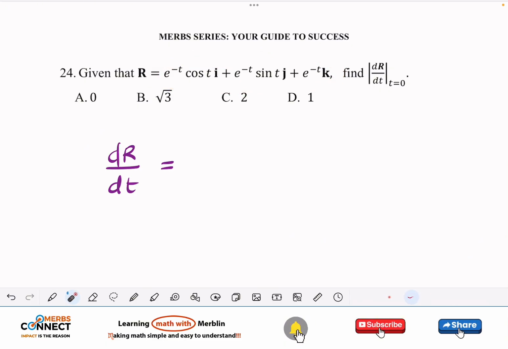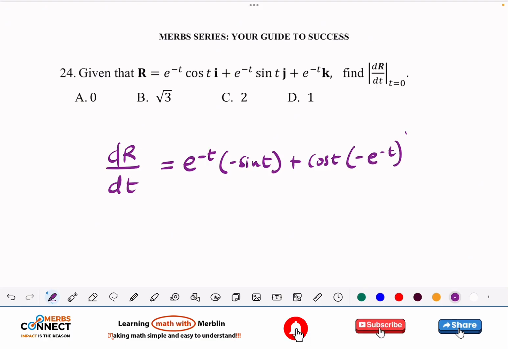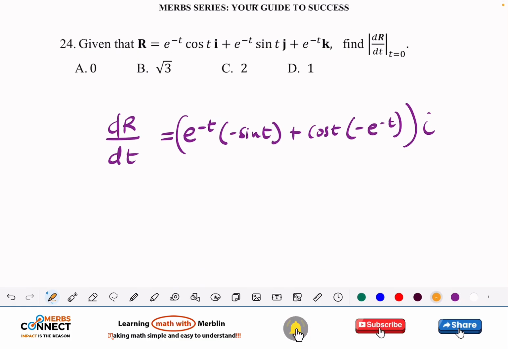So for the first term here, product rule, I maintain e to the power minus t and differentiate cos t. I'm going to have minus sine t, then plus I maintain cos t and differentiate e to the power minus t. I get minus e to the minus t with i. So this is just for the i one. Then I go to j. I use product rule again.